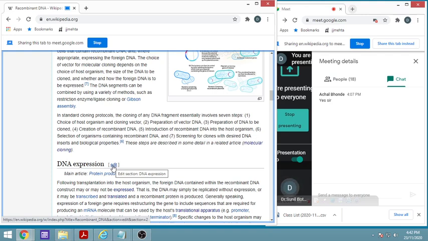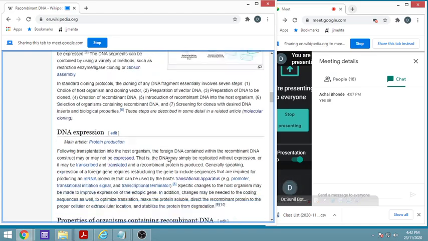You can imagine the automaticness of this whole sequence. Then preparation of the DNA to get cloned, creation of recombinant DNA, introduction of recombinant DNA to the host organism, selection of organisms containing recombinant DNA, then screening for clones with desired DNA insert and biological properties. So these are various activities which can be seen.